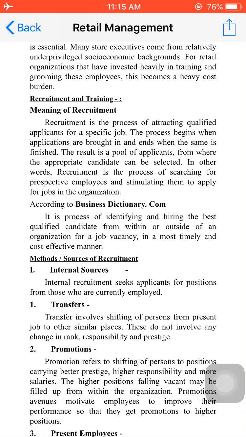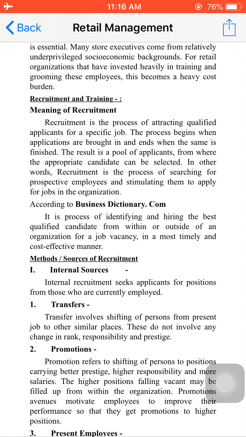Now, the meaning of recruitment: recruitment is the process of attracting qualified applicants for a specific job. For example, if I am a human resource manager, I need persons who are exactly qualified, having good criteria for the job I am recruiting for.